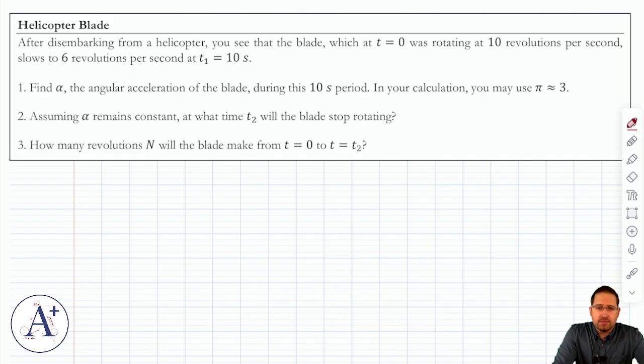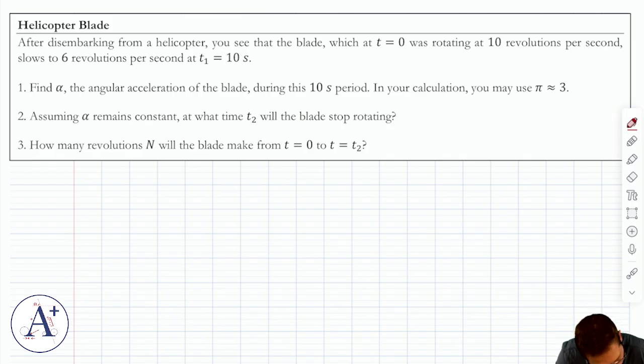And then eventually it will come to a stop. We want to find alpha, the angular acceleration of the blade, during this 10-second period. For approximation, we'll just take pi equal to 3. And then, assuming alpha remains constant, when does the blade stop rotating? And finally, how many revolutions has it completed by the time it stops rotating?